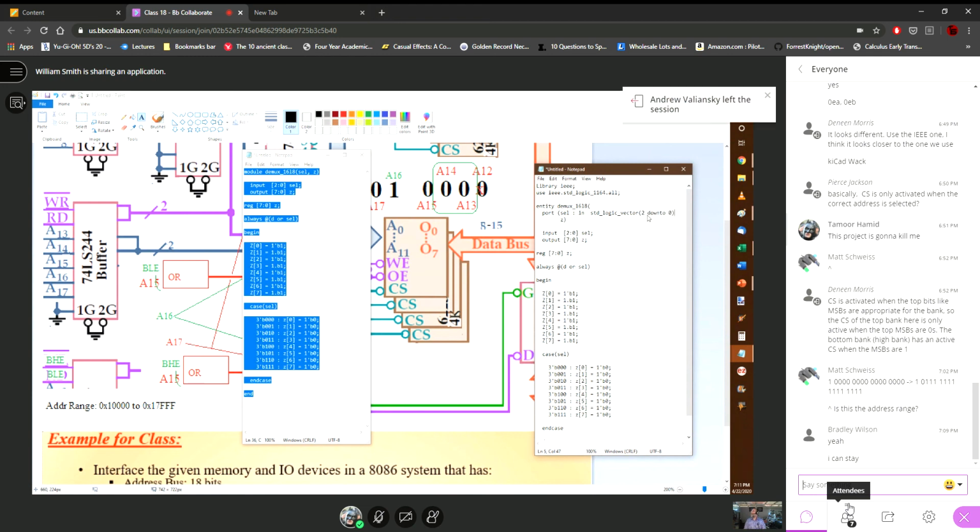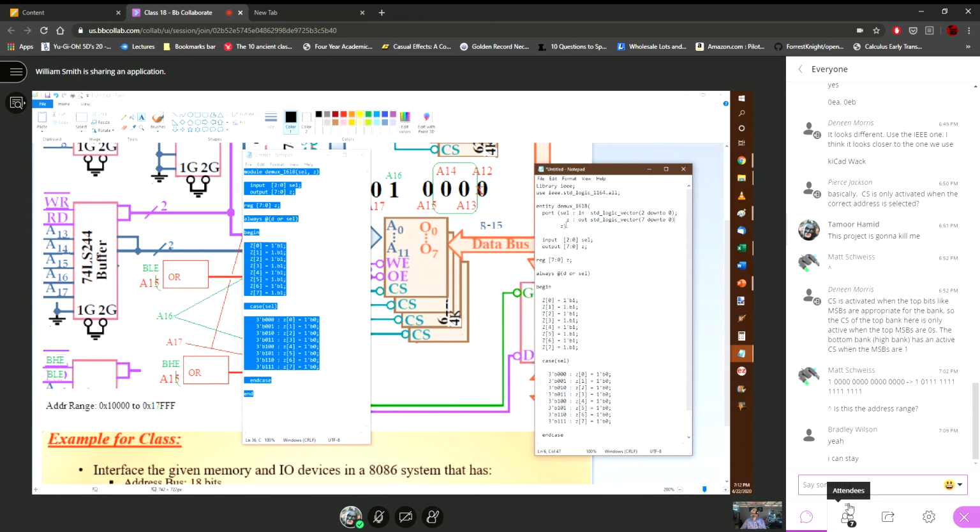Close parentheses, and you've got a semicolon. Then we're going to have Z again, which is going to be colon out std_logic_vector, 7 down to 0.